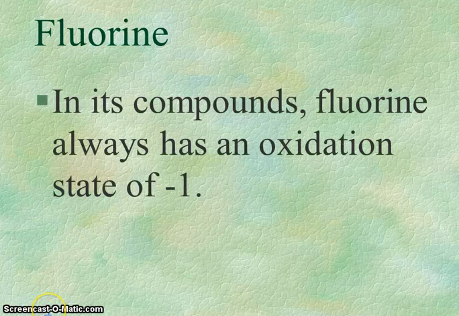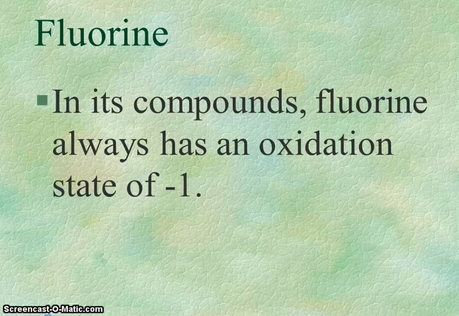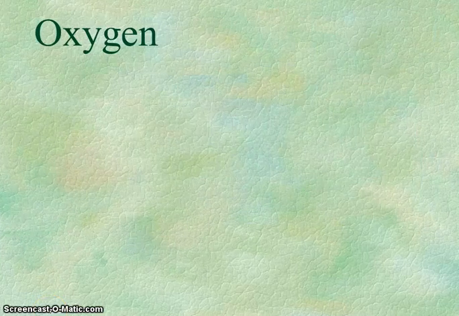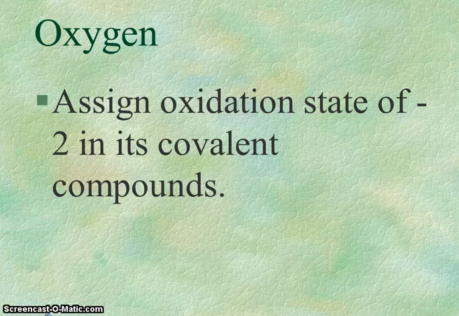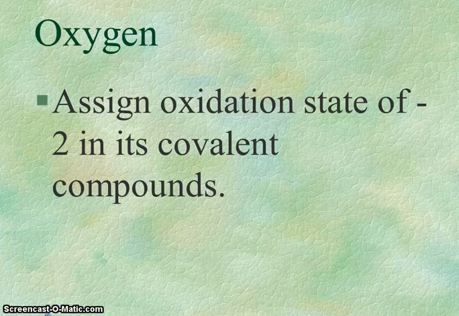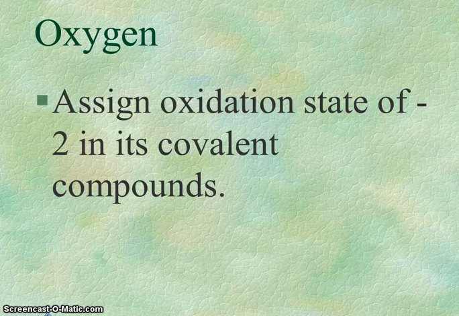Fluorine. When fluorine is in compounds, it always has an oxidation state of -1. Oxygen. When oxygen is in covalent compounds, as well as when it's in ionic compounds, its oxidation state will be -2.